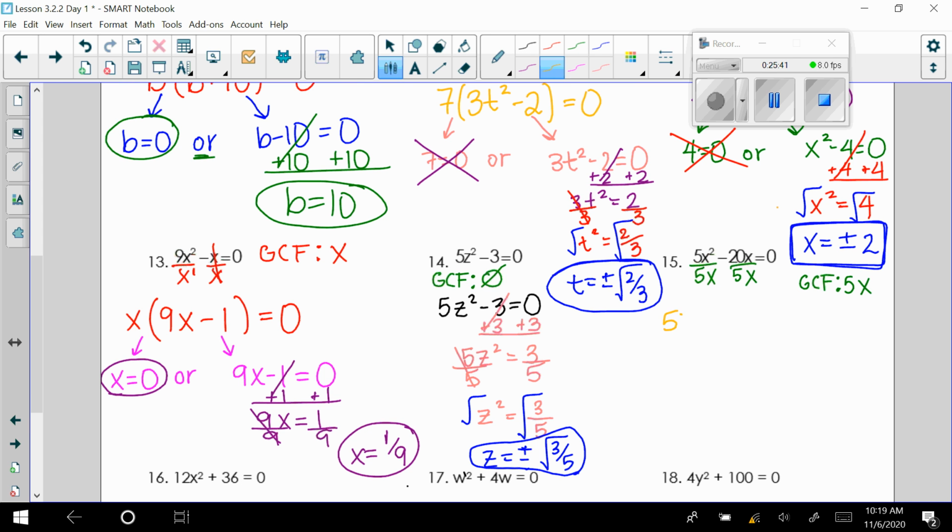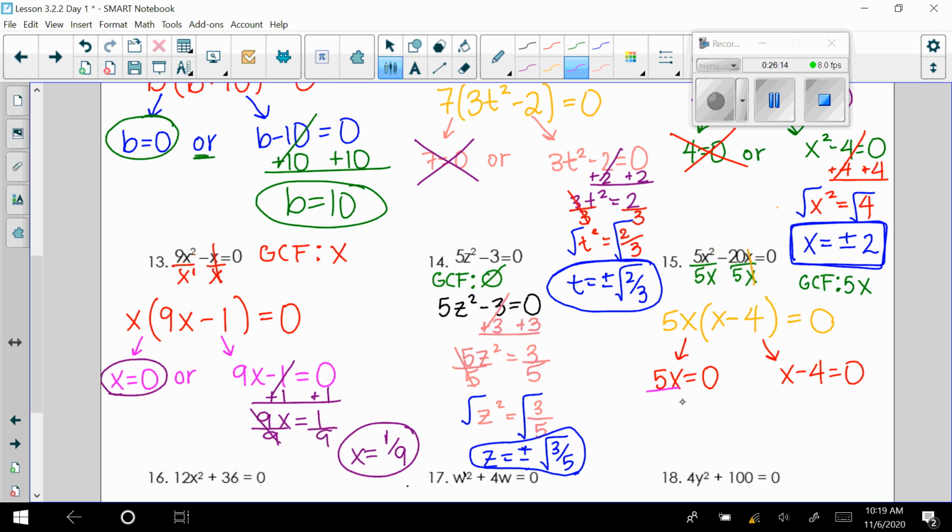So when we pull out a 5x, we're left over with just x from our first term, and then negative 20 divided by 5 is negative 4, and then the x's cancel out. It still equals 0. Right? So then we can go ahead and set each piece equal to 0 and solve.